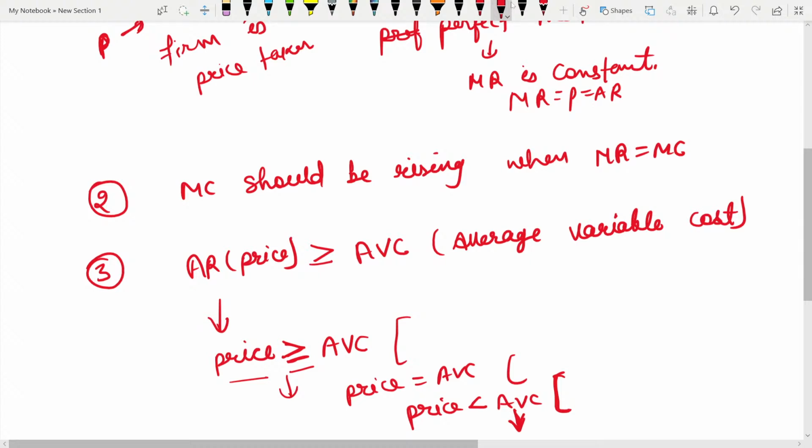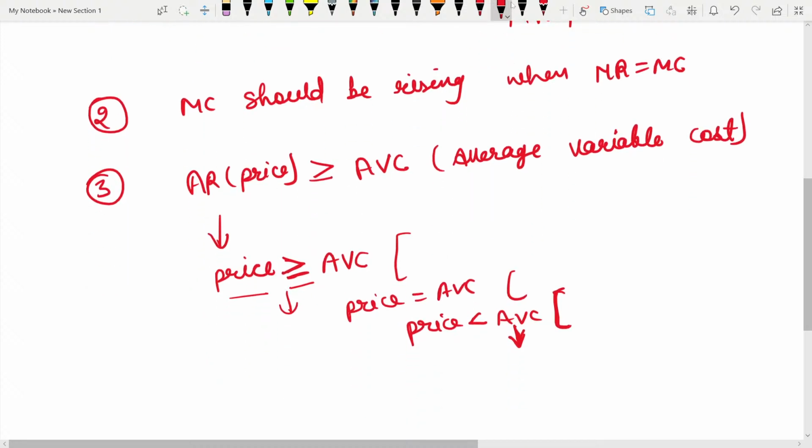So we can say the third condition is that price should be greater than or equal to AVC. If price is greater than AVC, it will be more beneficial for the producer.